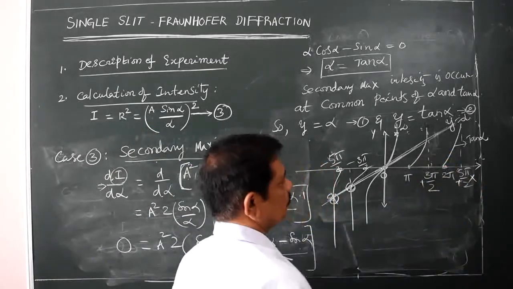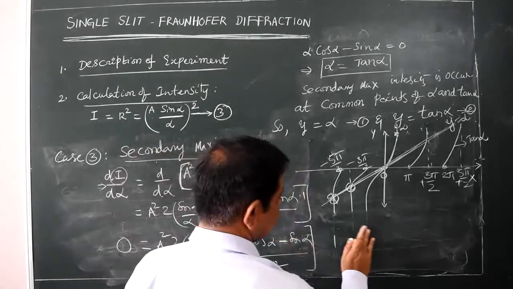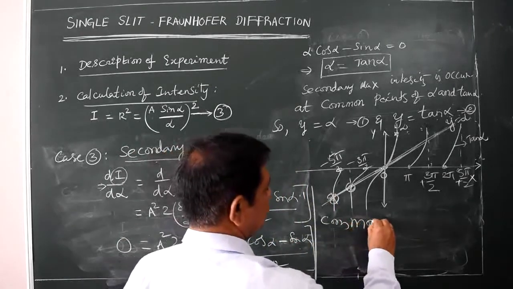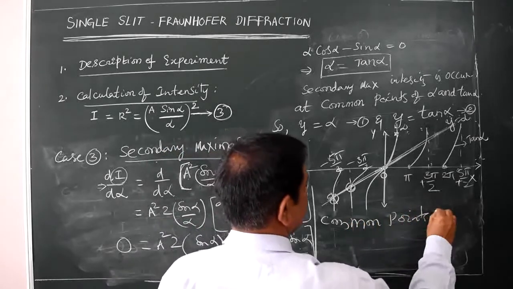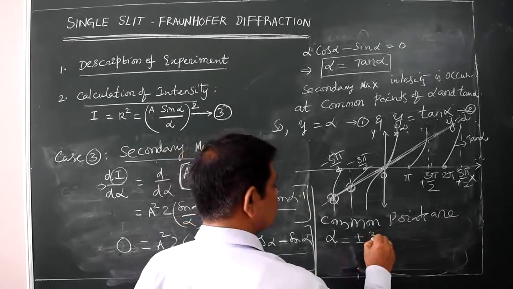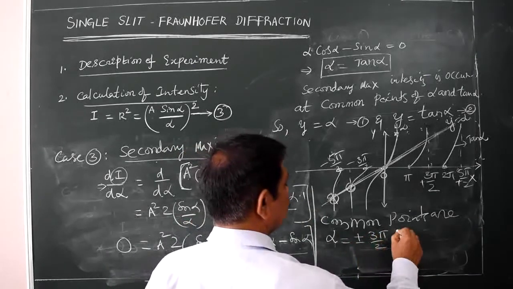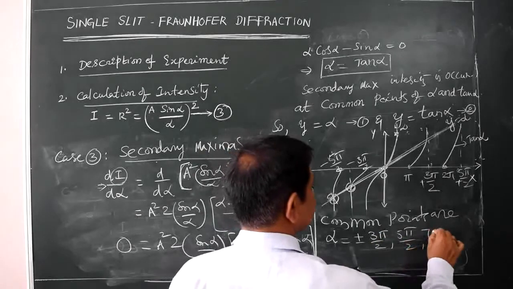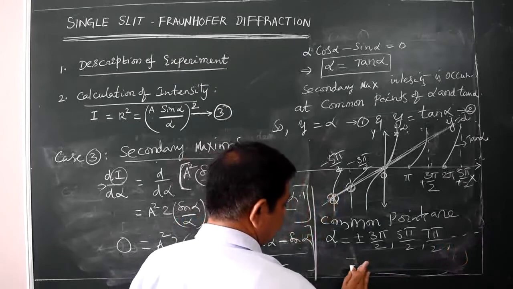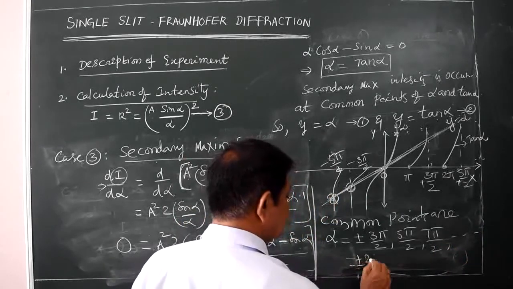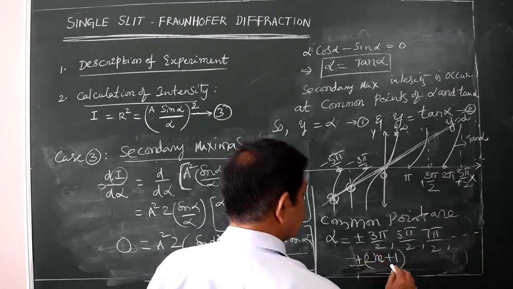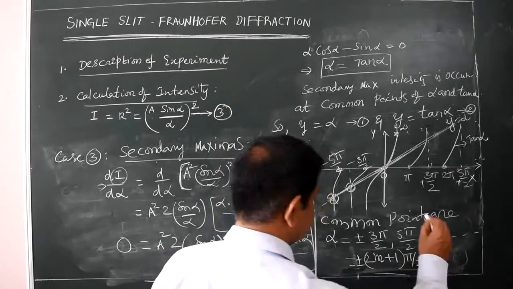So the common points are alpha equal to plus or minus 3 pi by 2, 5 pi by 2, 7 pi by 2 and so on.